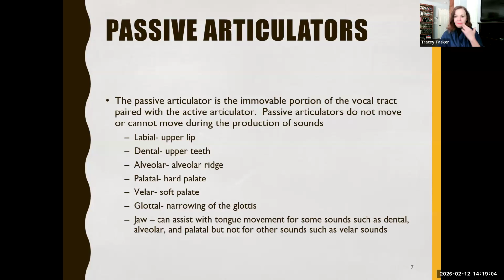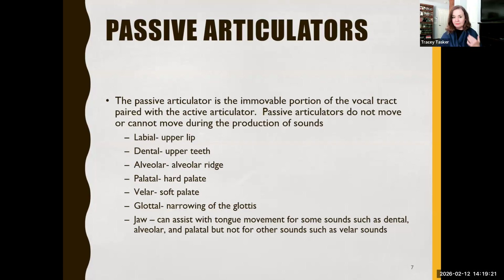Our tongue is one of our main moving articulators, right? And our lips. But then we also have passive articulators. They do not move, but they're part of our articulation structure.